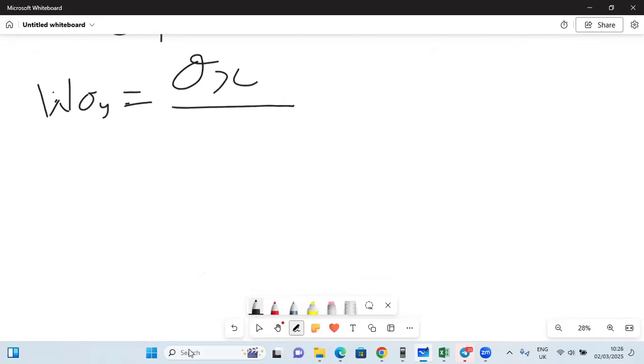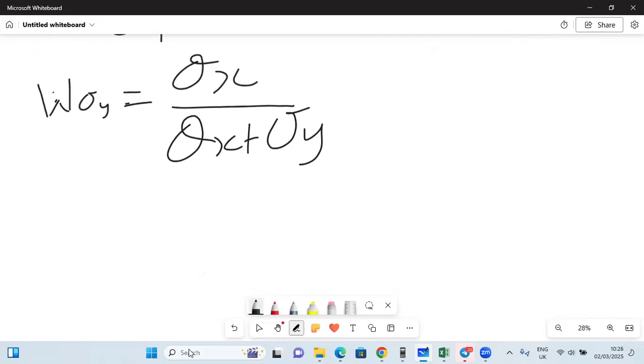We are going to find the weight of y and then the weight of x. So the weight of y is going to be the standard deviation of x over the standard deviation of x plus the standard deviation of y. You get it?